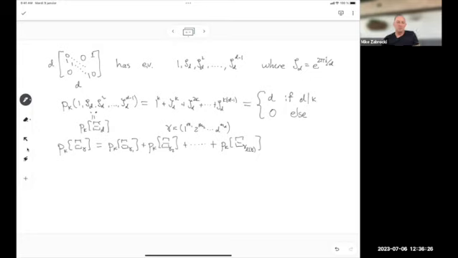Let's evaluate this a little further. This is the sum for D equals 1 to the length of gamma of P K of gamma D.